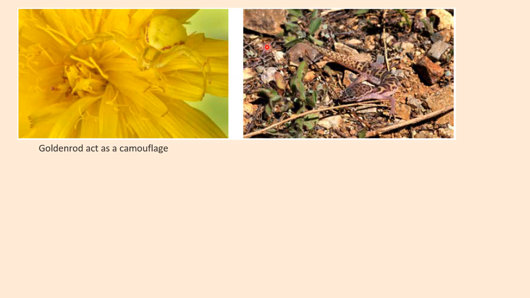It's yellow and has some patterns like its environment or its habitat. This is a type of reptile. Reptiles are animals like this animal or the snake. So this is called a gecko, and the gecko acts as a camouflage in its environment.